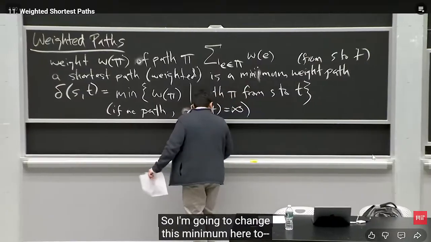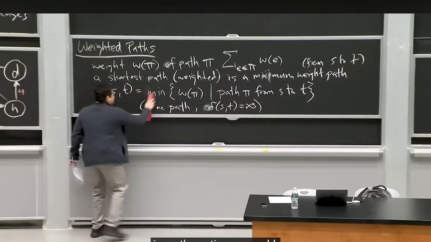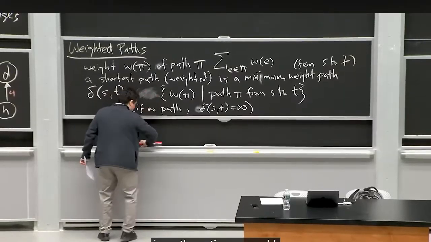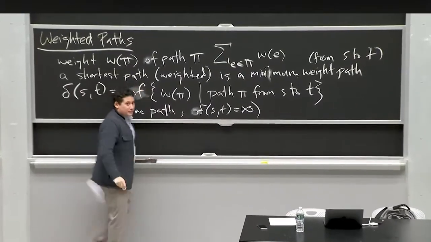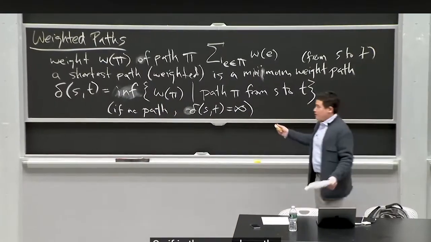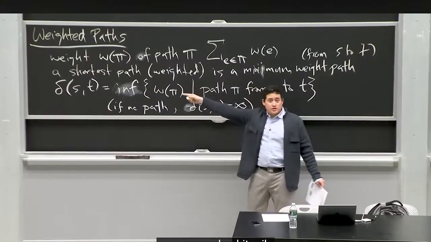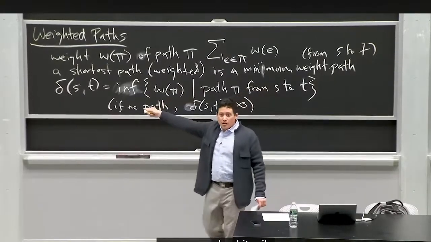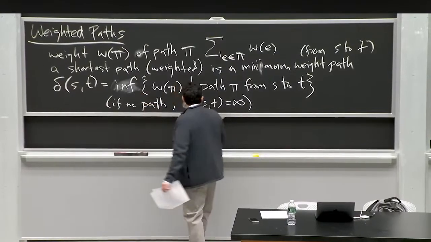So I'm going to change this minimum here to, in mathematics, just to be specific, we call it an infimum, right? So in the case where the weight of a shortest path can approach arbitrarily small, then we'll call this thing minus infinity, okay?